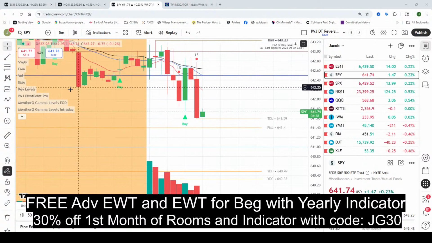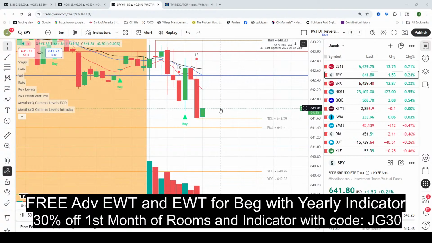We did get a long stop there, so we could get another chance at a buy signal. I'm still sitting on 642 as my strike, if the bulls are able to mount any kind of move here.